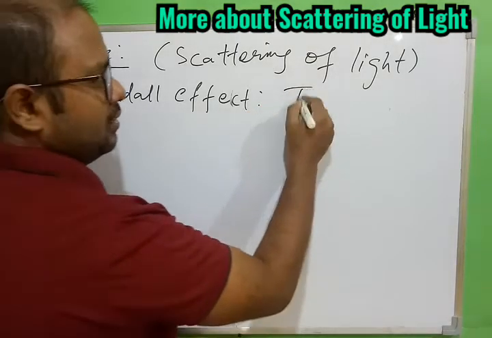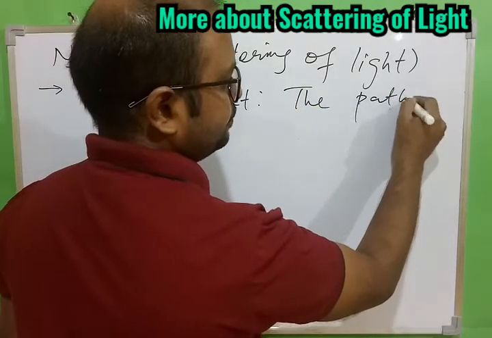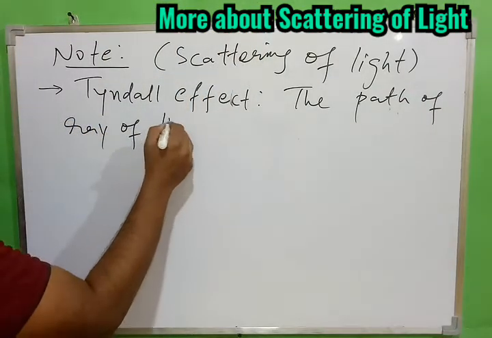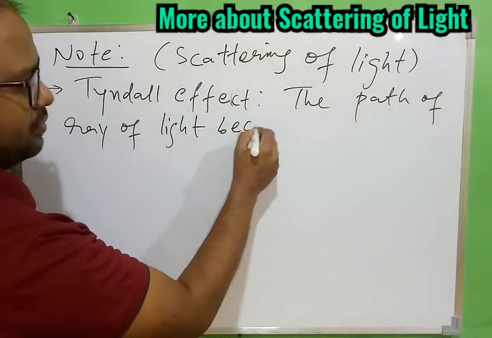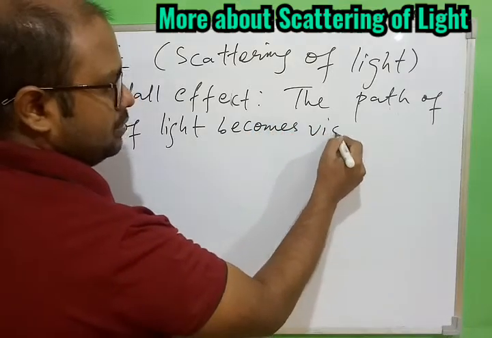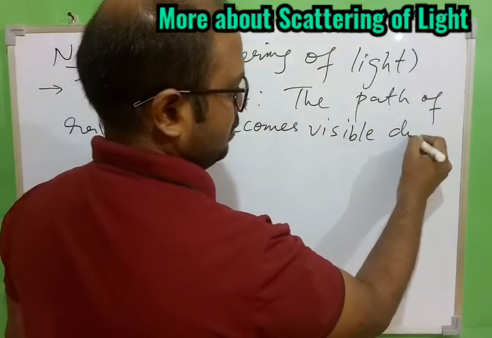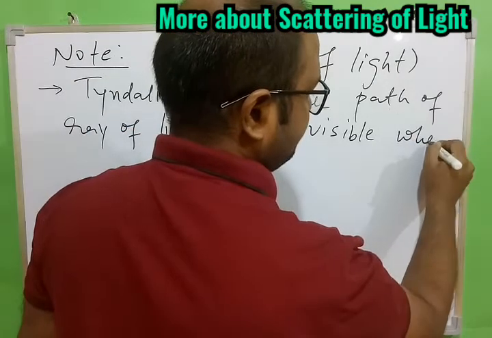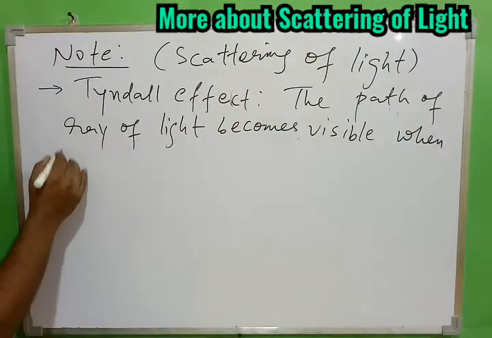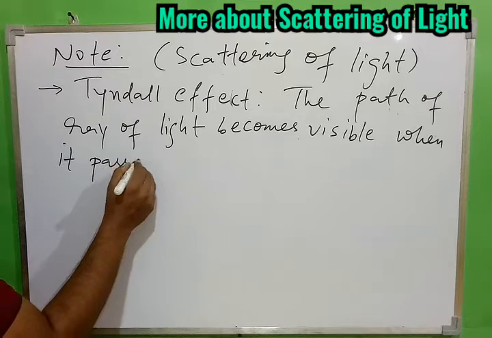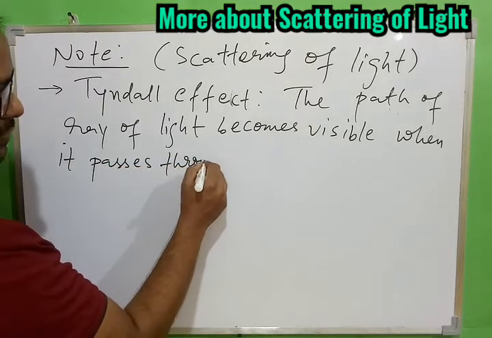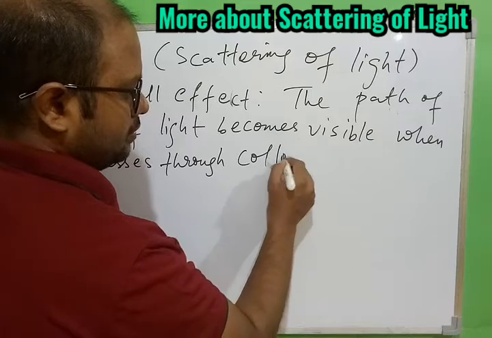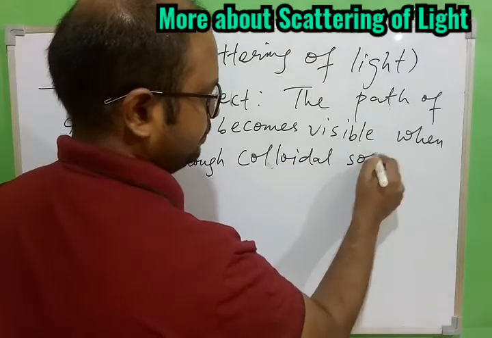So we can say the path of a ray of light becomes visible when it passes through a colloidal solution.